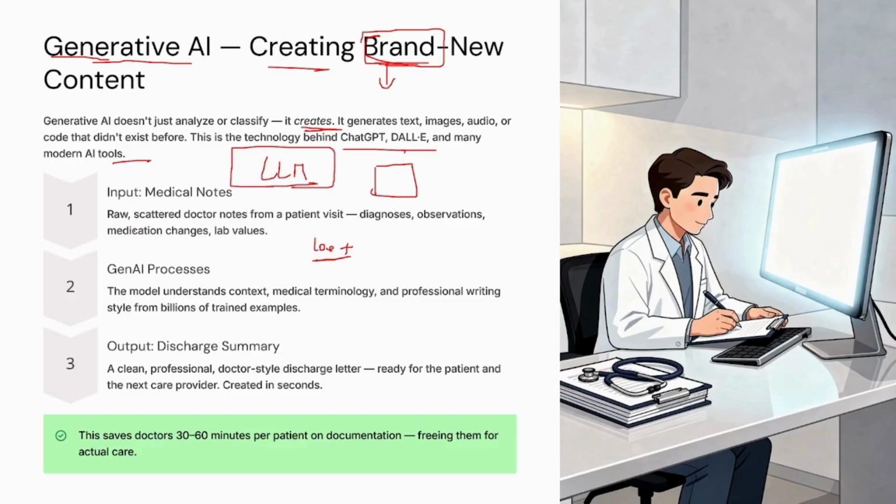For example, let me come back to the hospital example that we've been discussing, ML, DL, etc. You have so many notes from doctors for a patient who is, let's say, an inpatient: the diagnosis, observations, medication changes, etc. So 30, 40 pages exist.